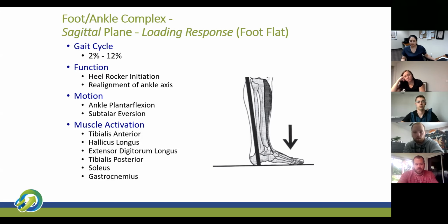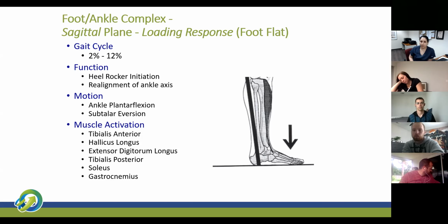You may all learn differently, but if you get a good basis on what motions occur at which phases, you can figure out where the ground reaction forces are in relation to those individual joints. It's different for the ankle, knee, and hip, and we'll tie it all together. Right, it'll be lots of fun. That's always the fun part. But it's important first to know the gait cycle and what normally happens, and then add the ground reaction forces and what causes certain torques to occur.